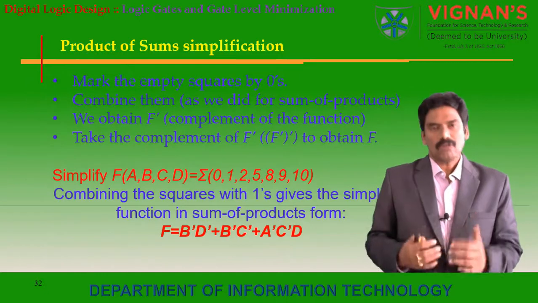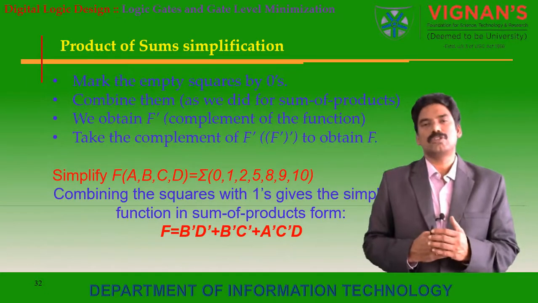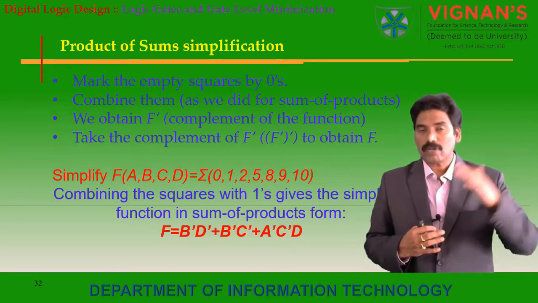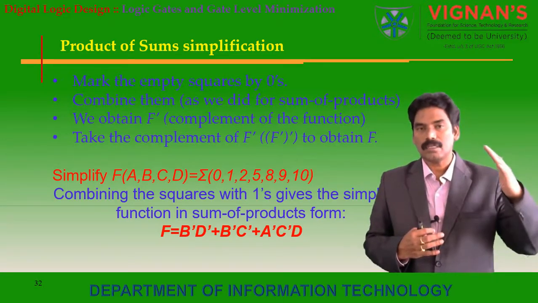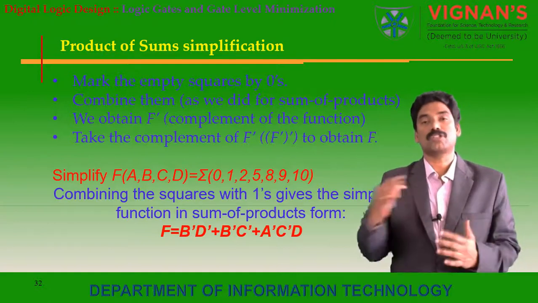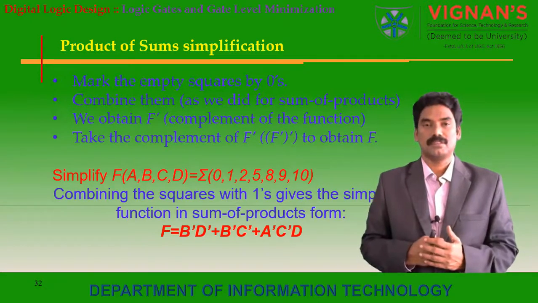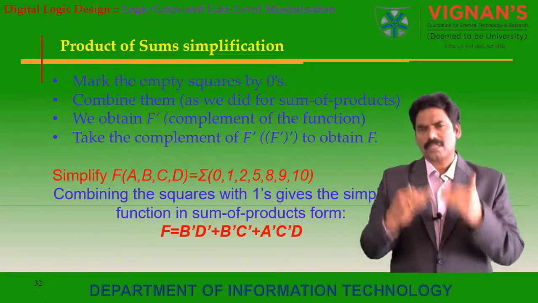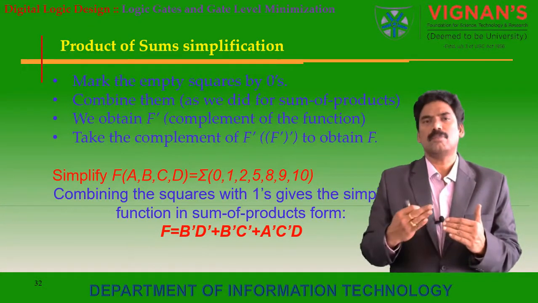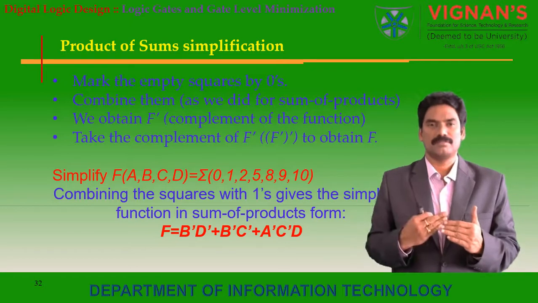Now we are going to discuss in detail product of sum simplification. Till now we have completed sum of product simplification. Now what is product of sum simplification? These are the steps to get product of sum simplification.